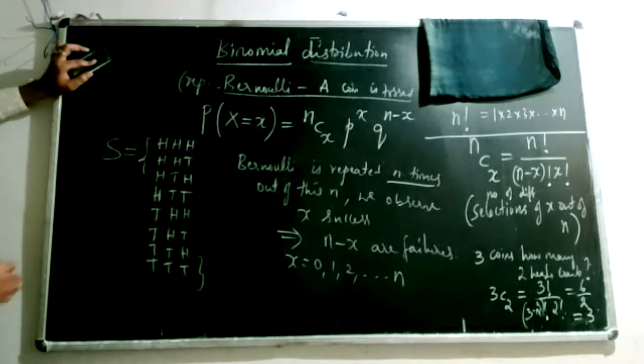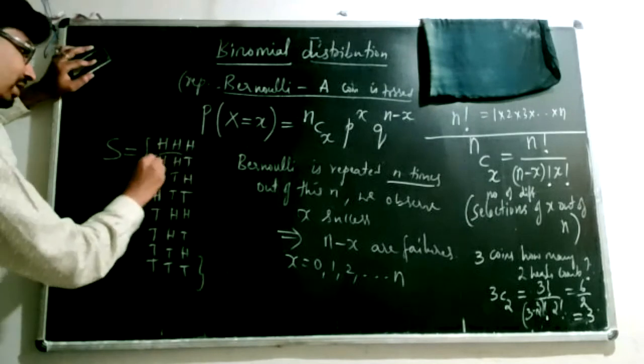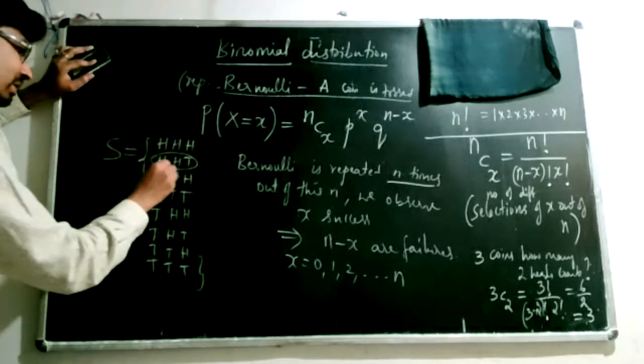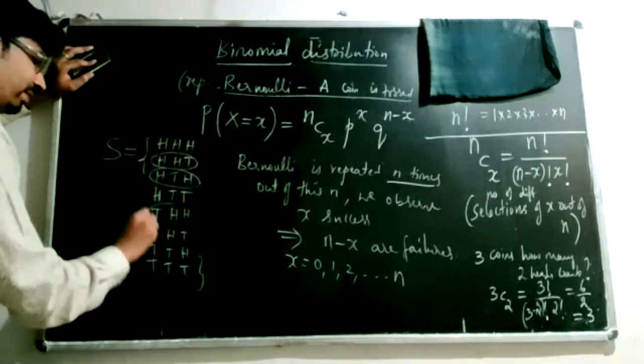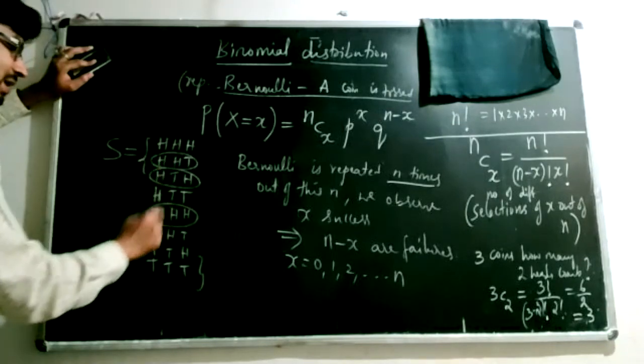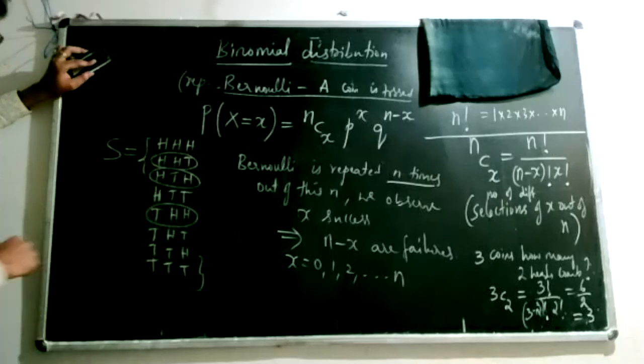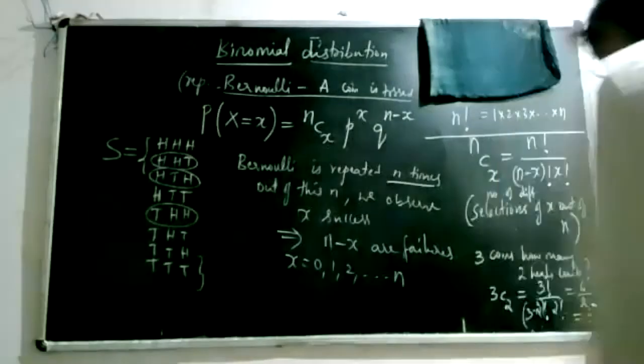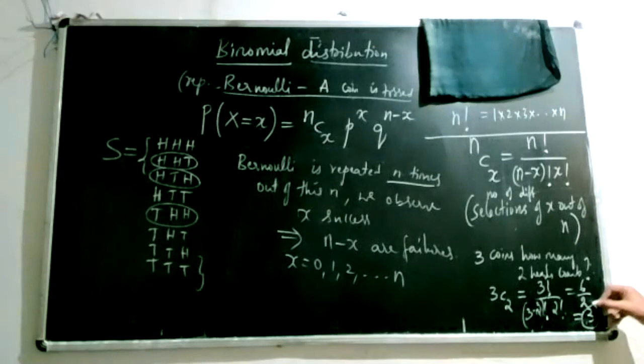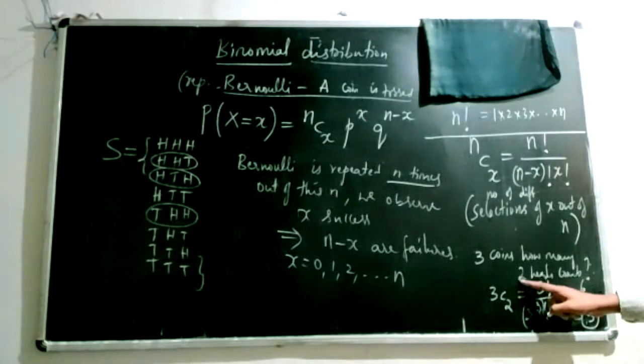Now see how many 2-head combinations there are. I have 2 heads here, I have 2 heads here, I have 2 heads here, which is 3 out of the possible 8. And that is what this number is telling. So in how many ways you could observe 2 heads when you toss 3 coins.